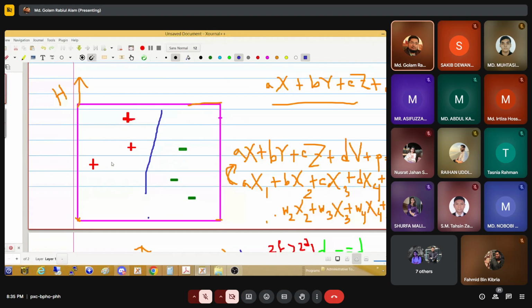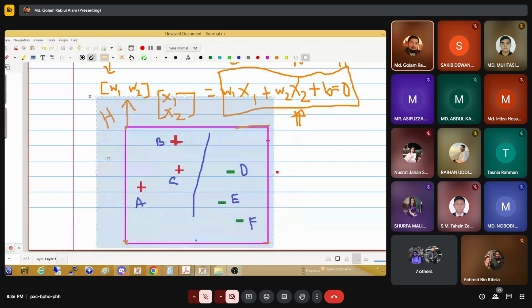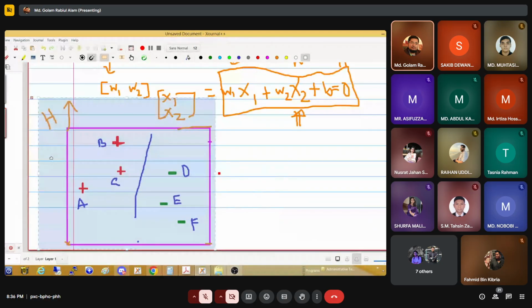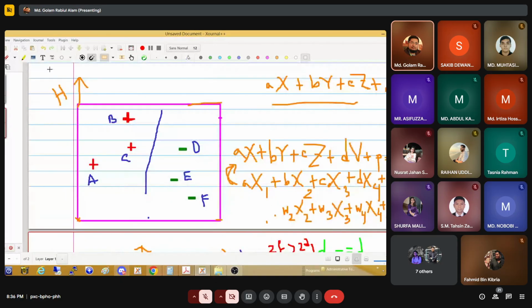So let's say this is A, B, C, D, E, and F. This is our data set.